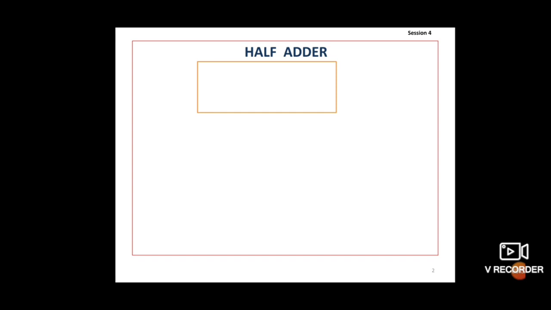So, here we will study the basic circuit of two nibble adder circuits. First, see what is the meaning of nibble. One binary digit, either 0 or 1, is equal to one bit.